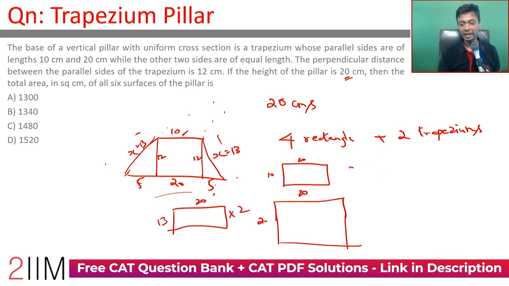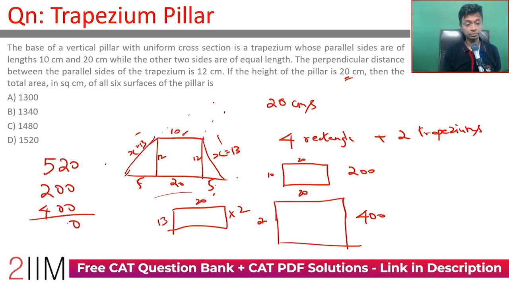So 10 by 20 area is 200, 20 by 20 area is 400, 13 by 20 is 260, into 2, 520. So we're looking at 520 plus 200 plus 400. So 1120. This is the sum of the 4 rectangles. So far we have not accounted for the trapezium. This trapezium into 2 is what we need to account for.